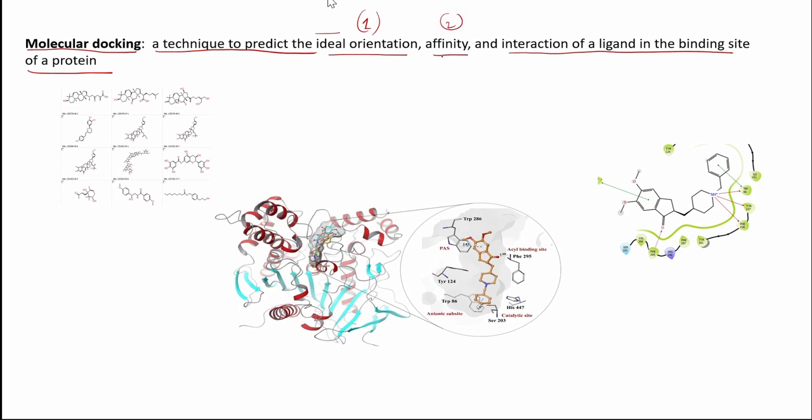So if you consider doing experimental studies, you should have very rich resources in your lab, but I wouldn't go through that route, okay, because it will consume all the resources and your time also.